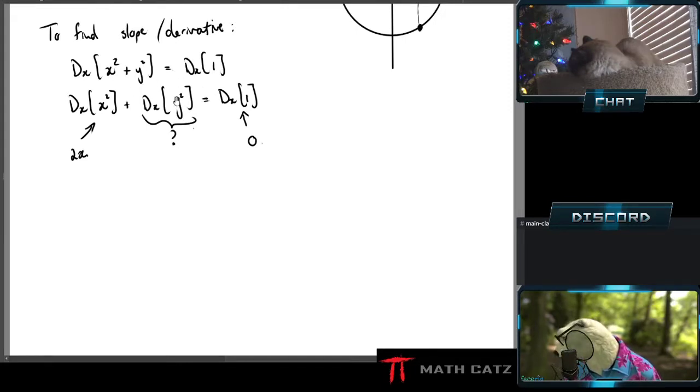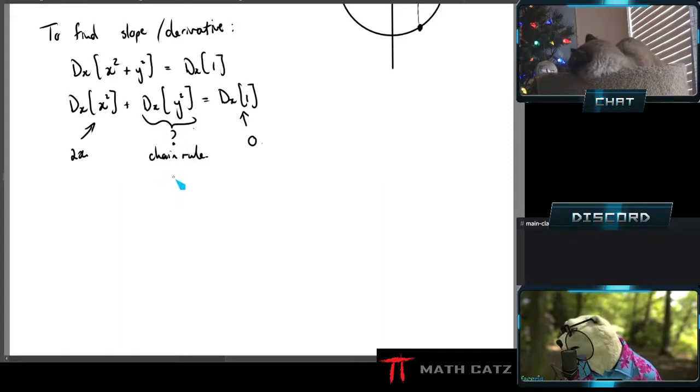I don't know what it is. What this is asking me is to find the derivative of a function of a function. It's the square function applied to the y function. This is the chain rule. This, in the square brackets, is a function of a function, y squared. Y itself is not the variable, it's a function of the variable. And then I square it. That's a function of a function.